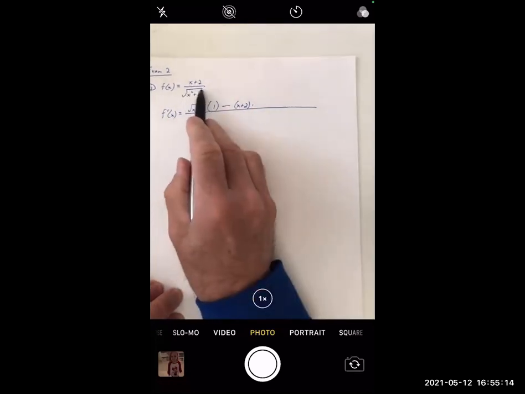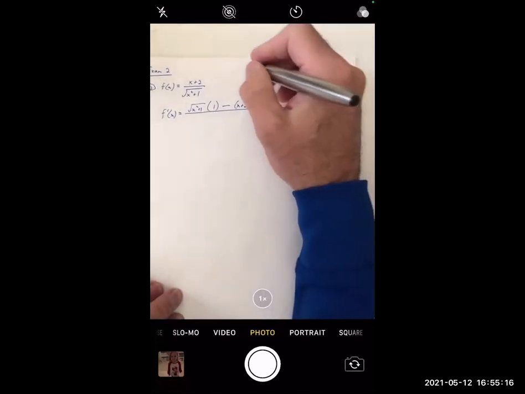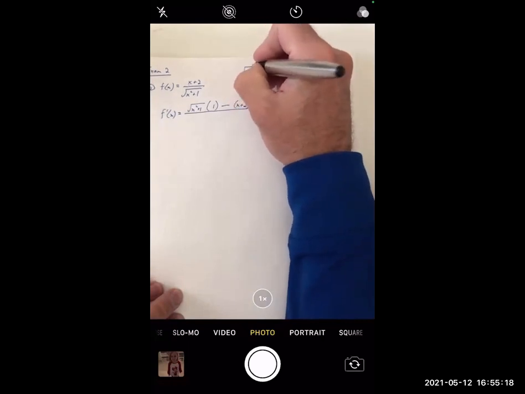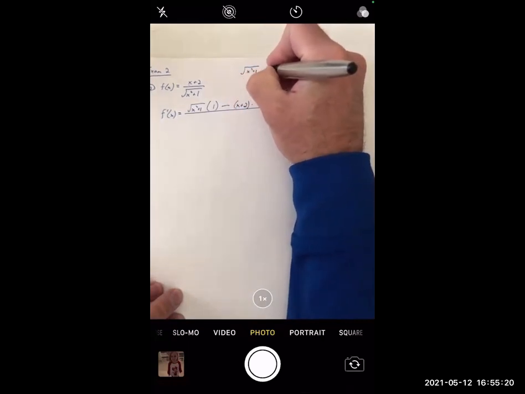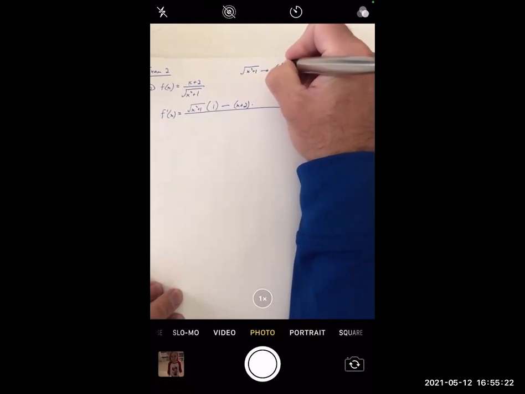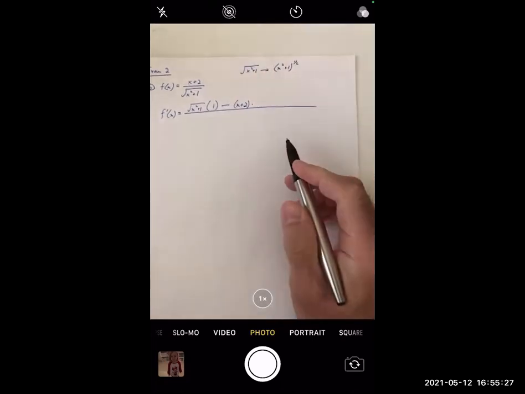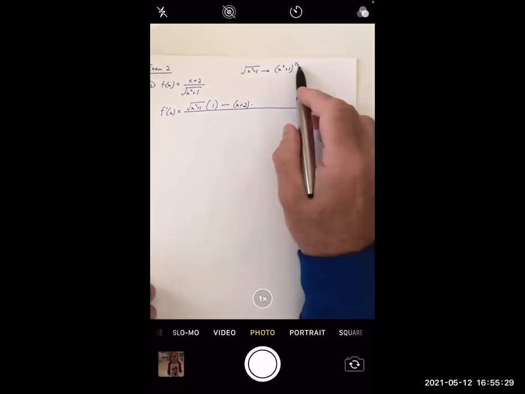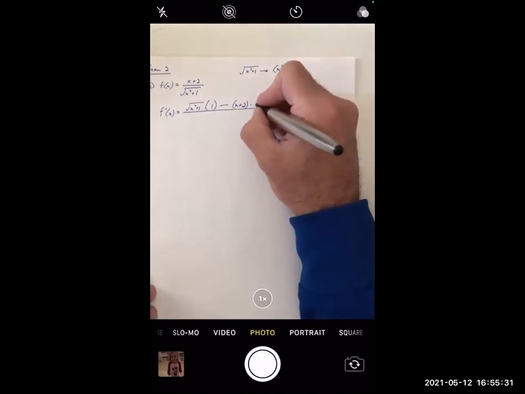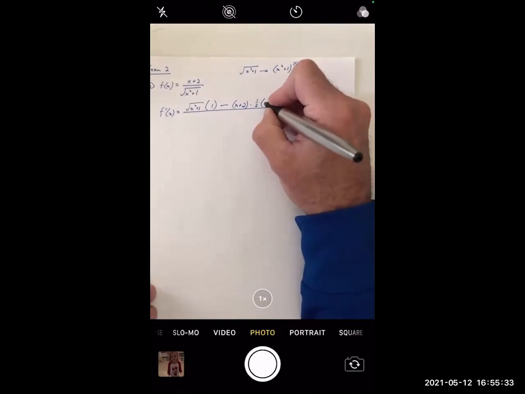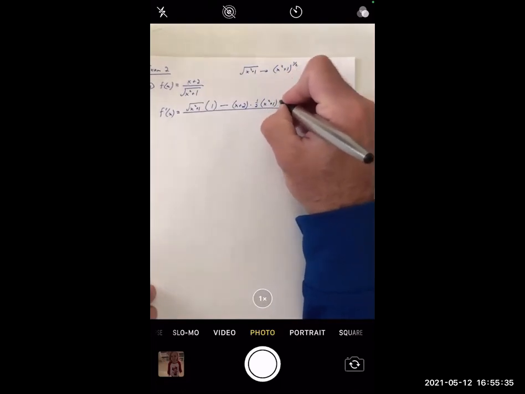So for the square root of x squared plus 1, you can either think it or write it, but the radical is really a 1/2 exponent. So your 1/2 is going to pull down. We're going to decrease the power by 1.